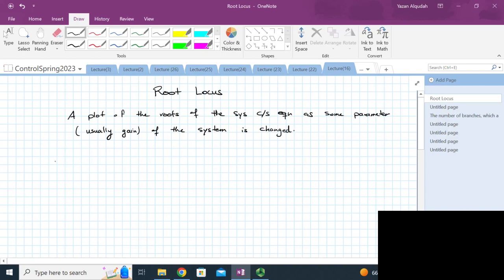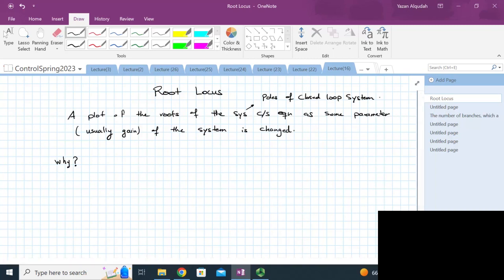So why is this important? Why is the root locus important? Why is it important to plot the roots of the characteristic equation, which is the same as saying the poles of the closed loop system? Any ideas?